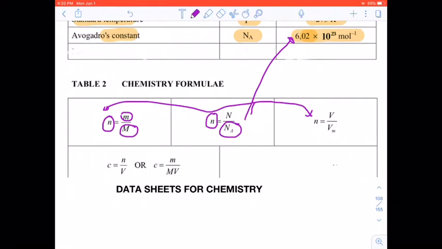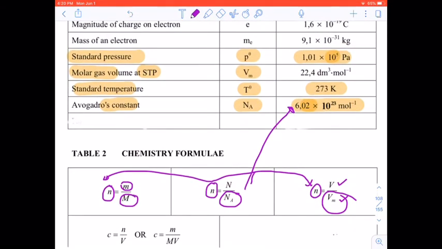Okay? And then here again we've got n, the number of moles is equal to the volume over the molar volume. And what's the molar volume? I referred you to that, and the molar volume of a particular gas occupies 22.4 decimeter cubed. Right, so that's your data sheet.